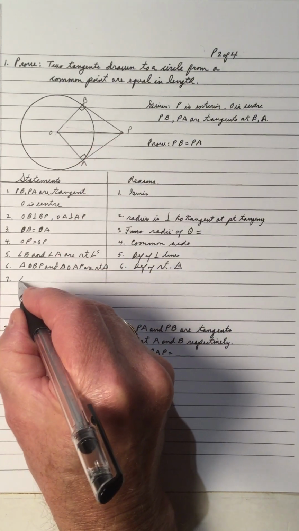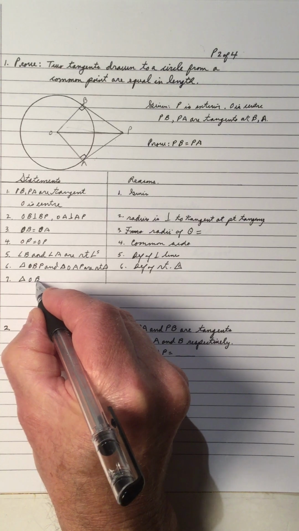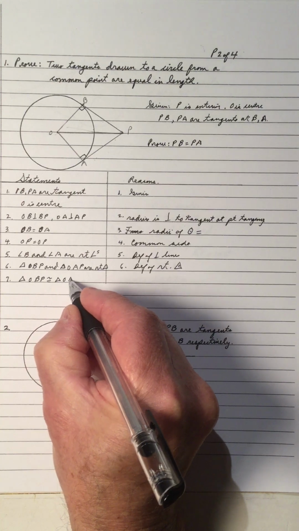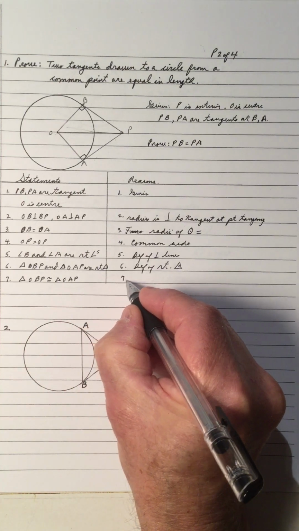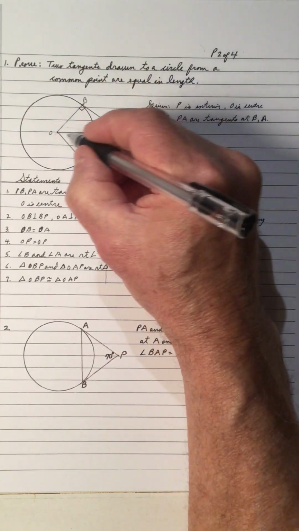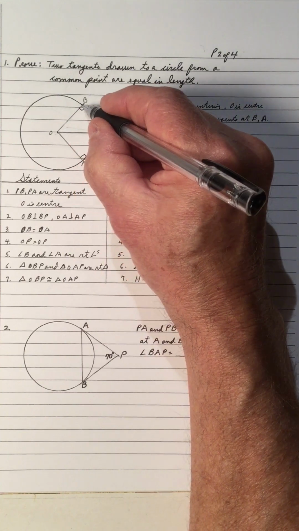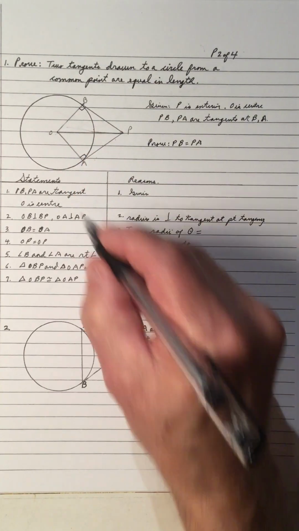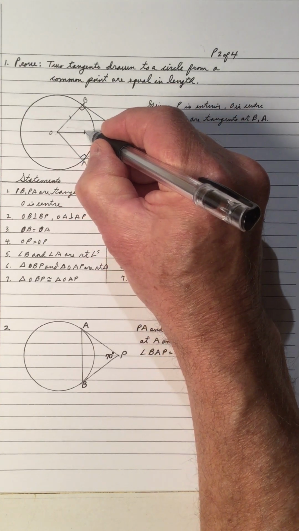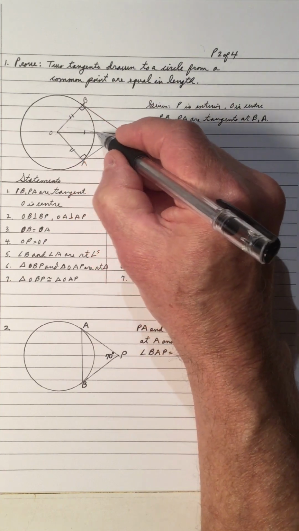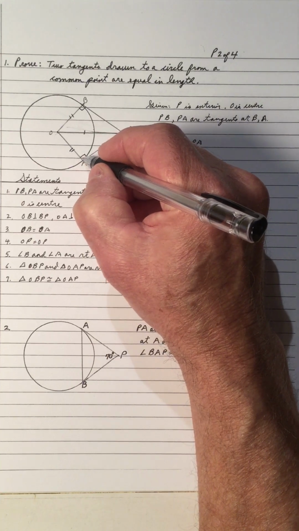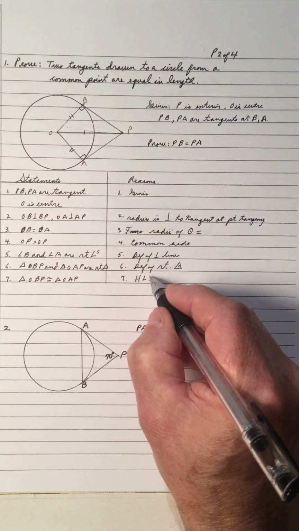So that means that triangle OBP is congruent to triangle OAP because of the hypotenuse leg. The hypotenuse is the common side equal to itself, and these two radii are equal. So it looks like I have an ASS, but that would be true, but because we have a right angle, we can use the HL proof.